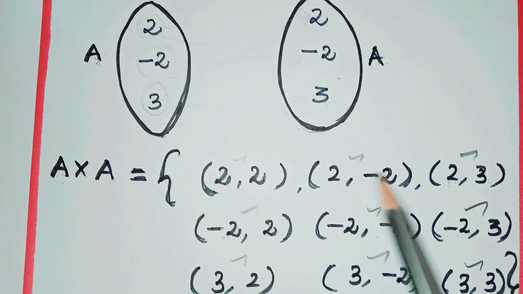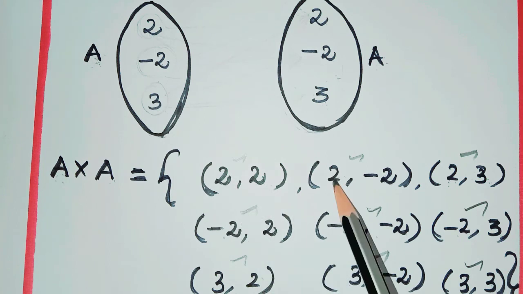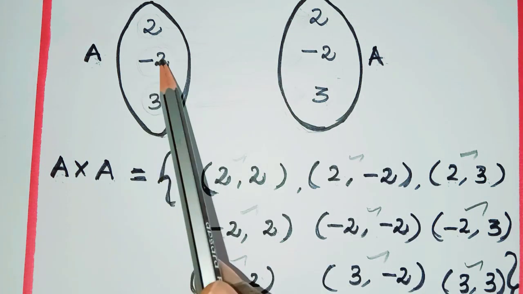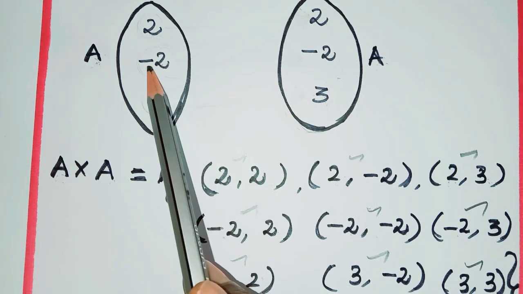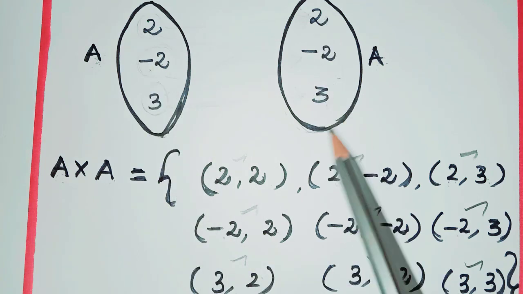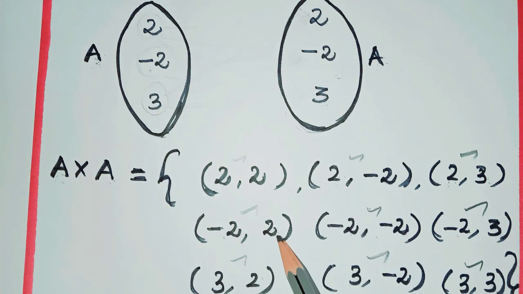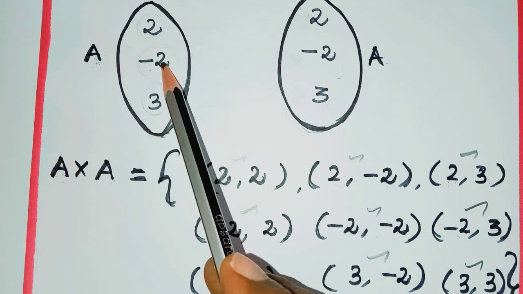Here the first elements are 2. Next, use the second element, minus 2, paired with the 3 elements. We get minus 2, 2, minus 2, minus 2, minus 2, 3. So these are the 3 ordered pairs using the number minus 2.